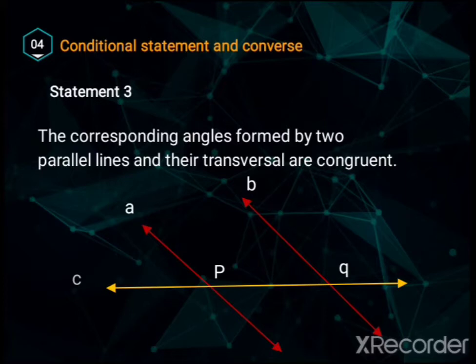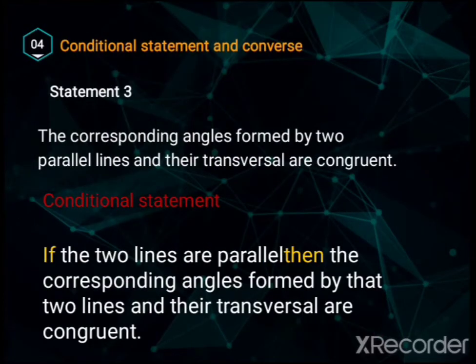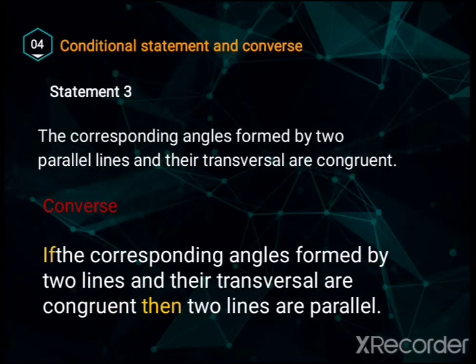So let's create its conditional statement: if two lines are parallel, then the corresponding angles formed by those two lines and their transversal are congruent. Again we will convert this conditional statement into its converse. Therefore the converse is: if the corresponding angles formed by two lines and their transversal are congruent, then the given lines are parallel.